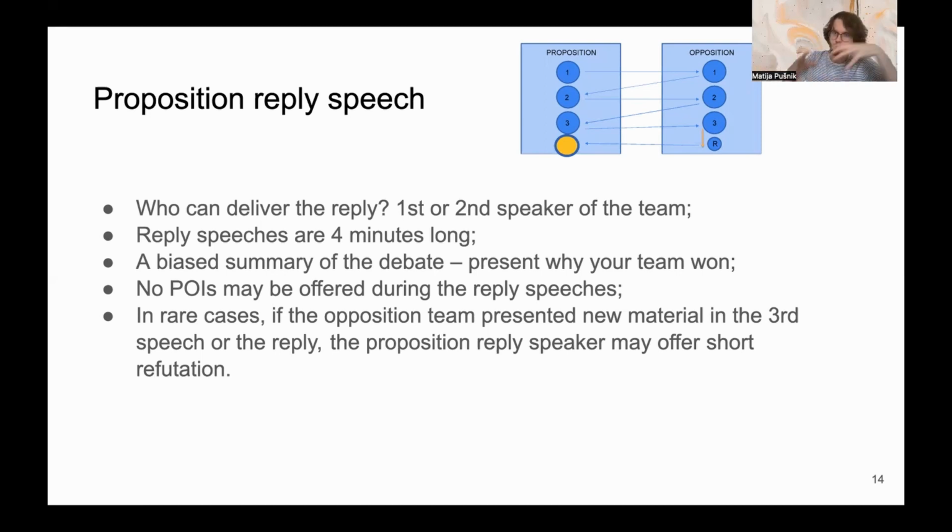The reply speech should not be about arguments specifically, should not be about new examples, or at least not providing concrete analysis or anything like that. Reply speeches should mostly be about summary of the debate that happened. And this is here the exception. So proposition can have a short refutation if something really new came on in the opposition side.